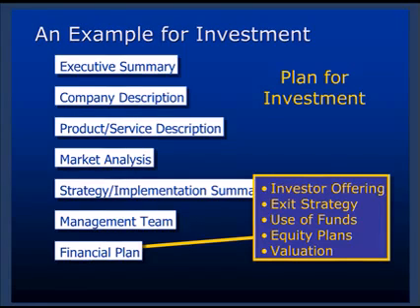On the other hand, a plan for an investment should have a financial plan that includes an investor offering, exit strategy, use of funds, equity plans showing how the ownership is to be distributed among founders and investors, and valuation.